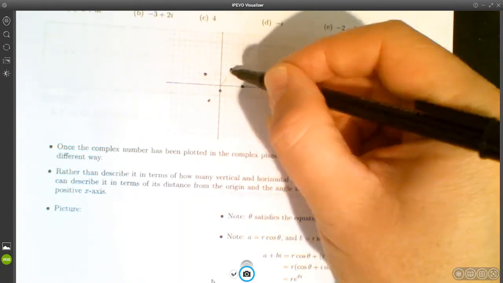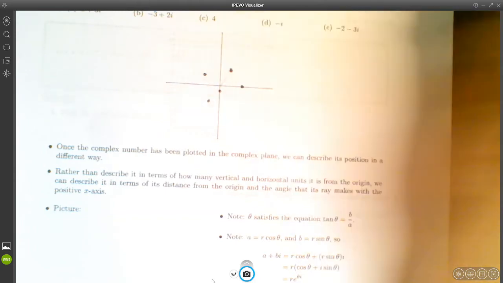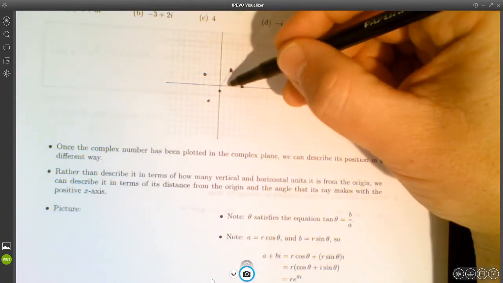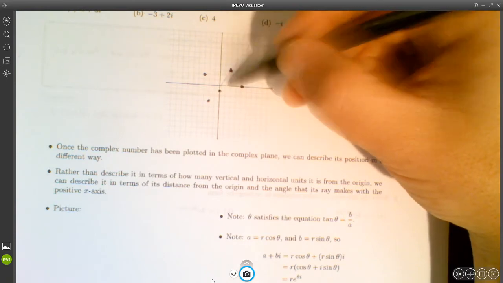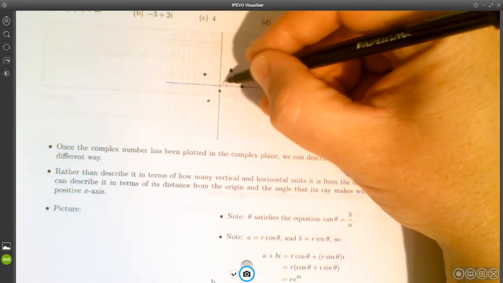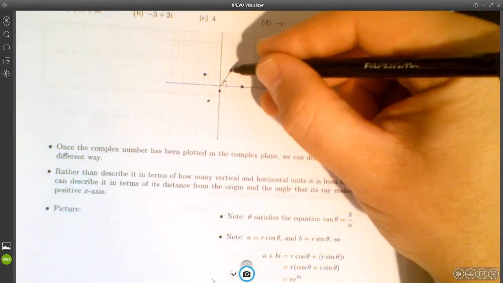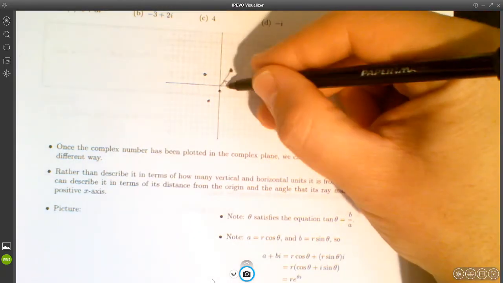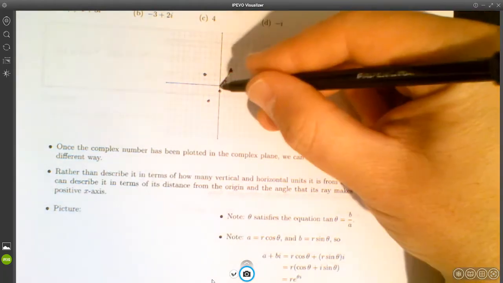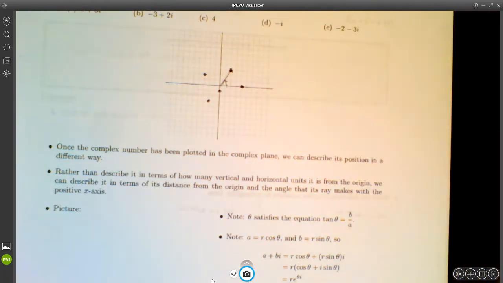We can describe it in terms of that distance and the angle that its ray makes with the positive x-axis. So this angle right here. So we can describe this point in terms of this distance and this angle instead of this distance and this distance, right?